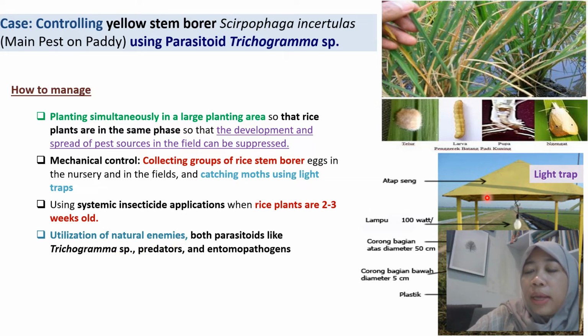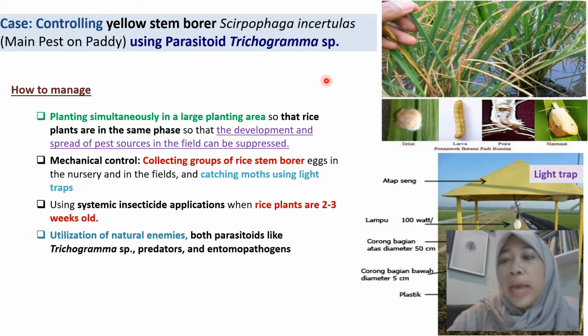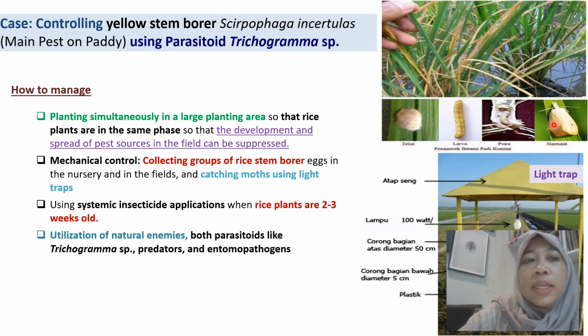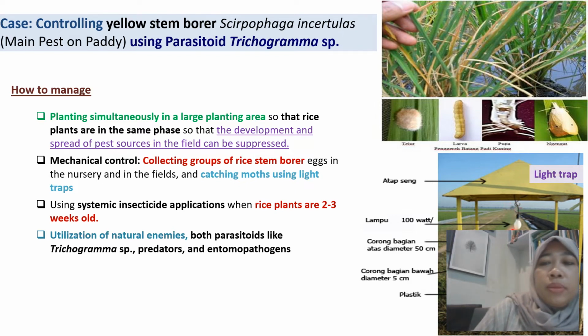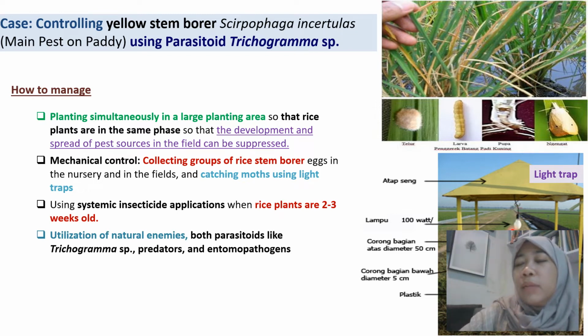The light trap is designed to catch the adult of this pest. They will be attracted, this moth, and they will be trapped in this light trap. After that, we can minimize the population of that pest in the field.